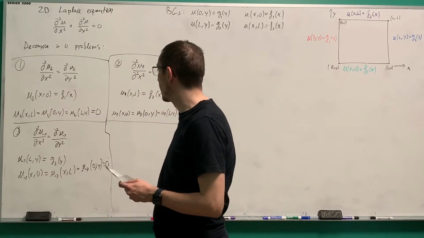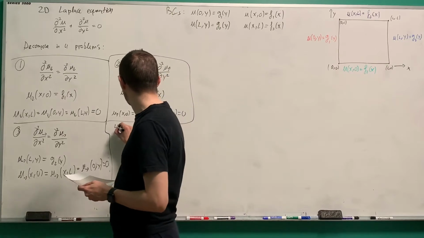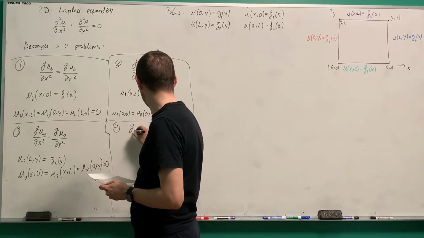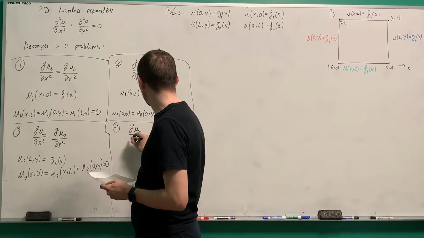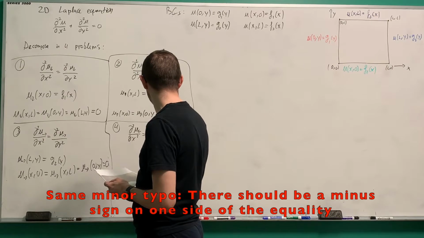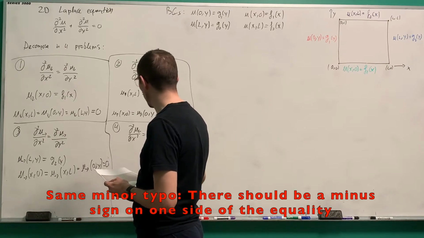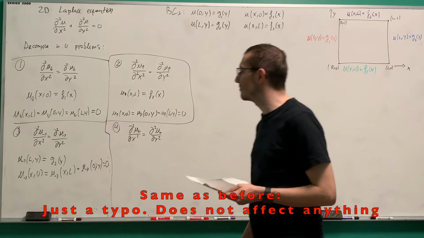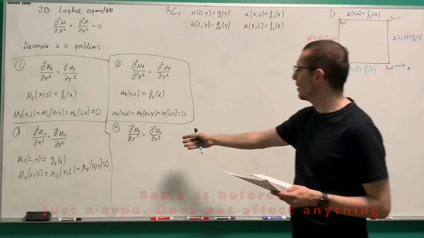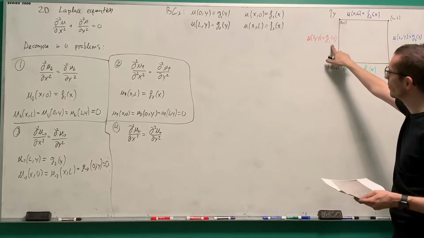All right. And finally, the fourth problem is going to be the left problem, with an arrow to the left, partial x squared equals second derivative of u left with respect to y. And this one we're going to load with the burden of satisfying the left wall boundary condition, the red one.